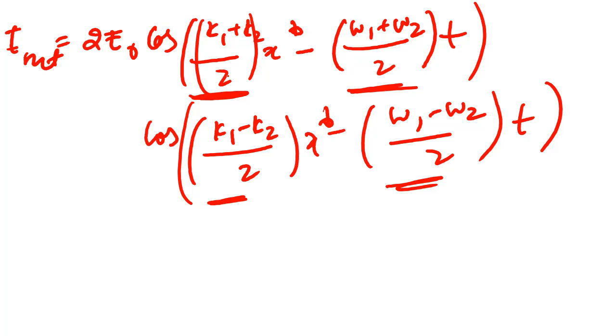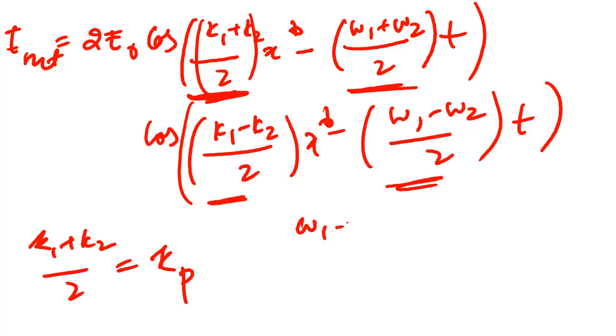So now a new way of writing this would be, if I write (k1 plus k2)/2 as a new k, let's call it kp. I'll tell you why we're calling it p.